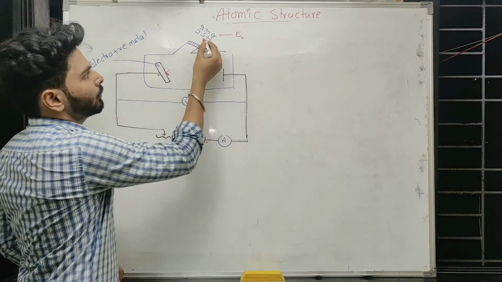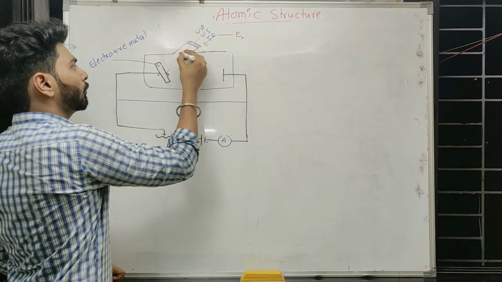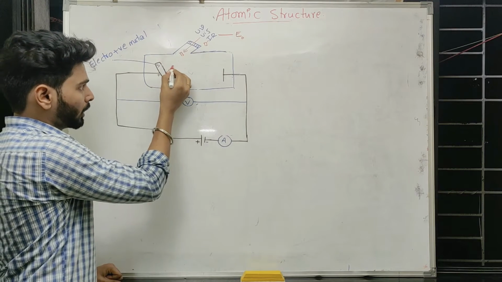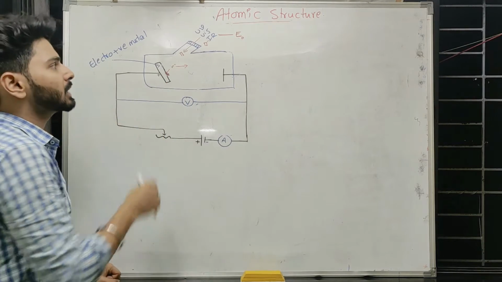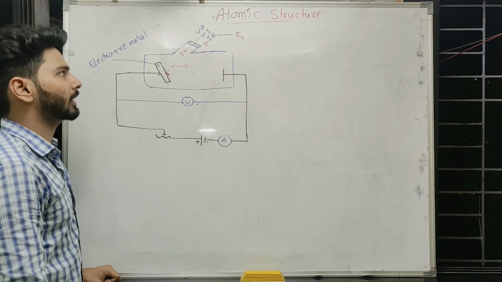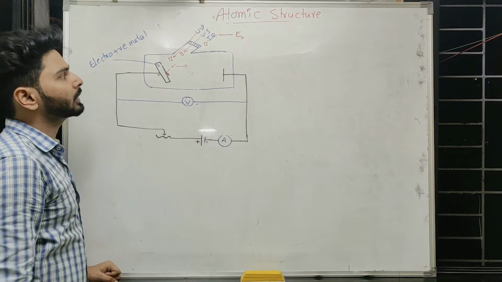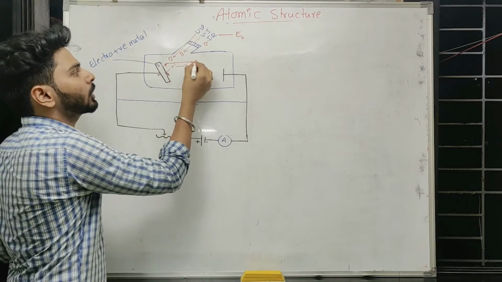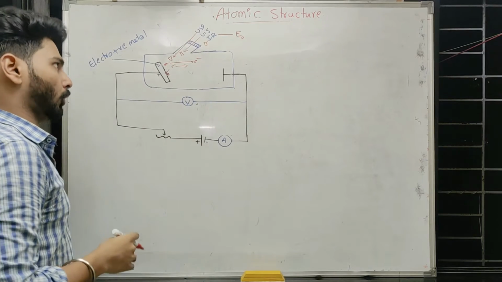And we know visible and UV have higher energy, so when a photon of visible light falls on the surface, it will not only eject the electron, the electron can also travel with some kinetic energy, because it has some excess energy, and that excess energy gets converted into the kinetic energy of the electron. UV light will also have enough energy to eject the electron, and the electron now travels faster than the electron ejected by a visible photon.